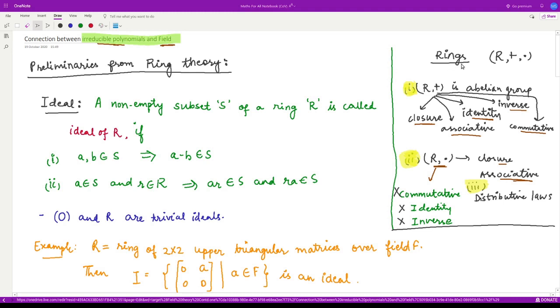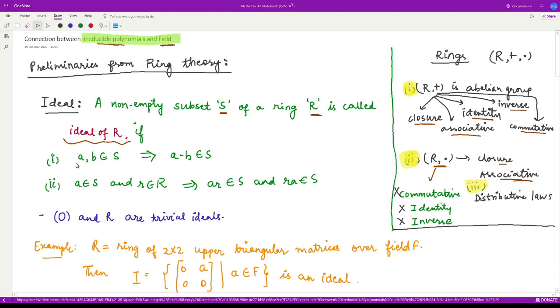So this was rings. And what is an ideal in a ring? An ideal is a non-empty subset S. That means you consider any non-empty subset of the ring R, where R is a given ring. Then this subset S is known as an ideal of R if the following two conditions are fulfilled.